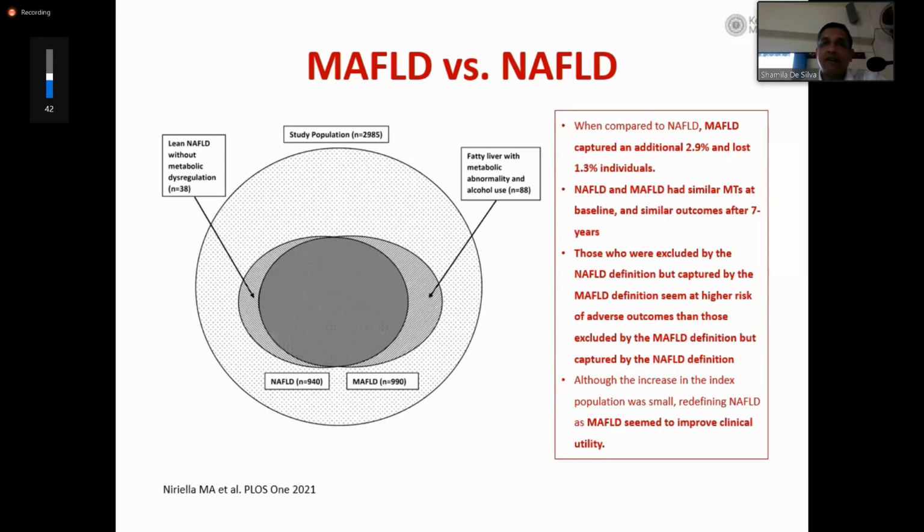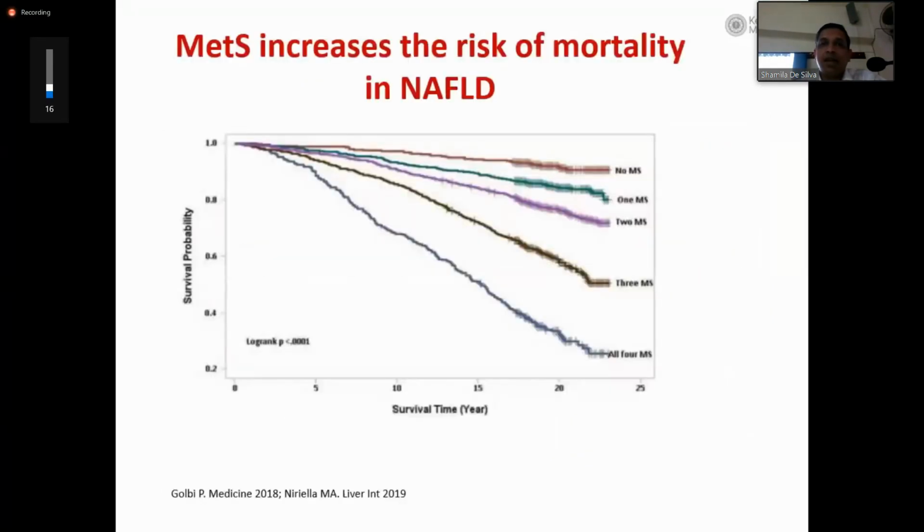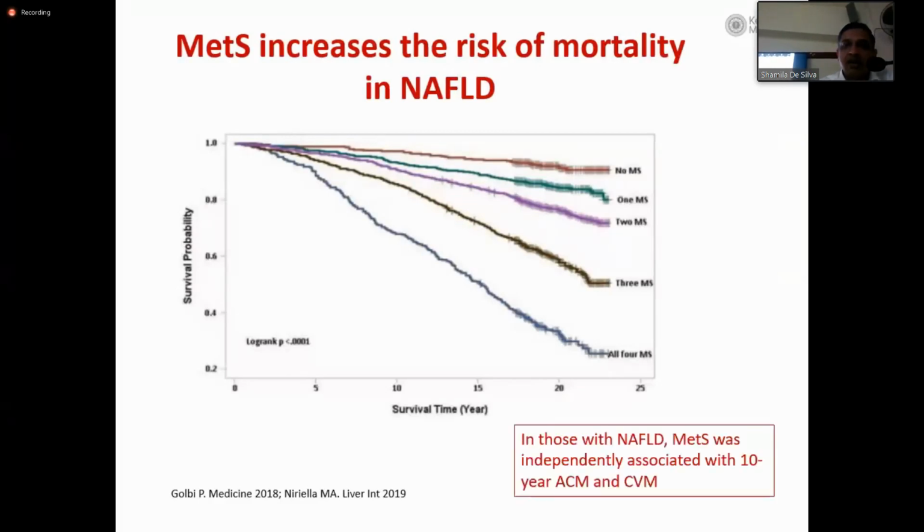Coming to the outcomes, the presence of metabolic syndrome increases the overall mortality of NAFL. One or more of the criteria of the metabolic syndrome, as you can see in this graph, will reduce survival. In a study done in our setting, we also found that the presence of metabolic syndrome in NAFL was independently associated with increased all-cause and cardiovascular mortality.